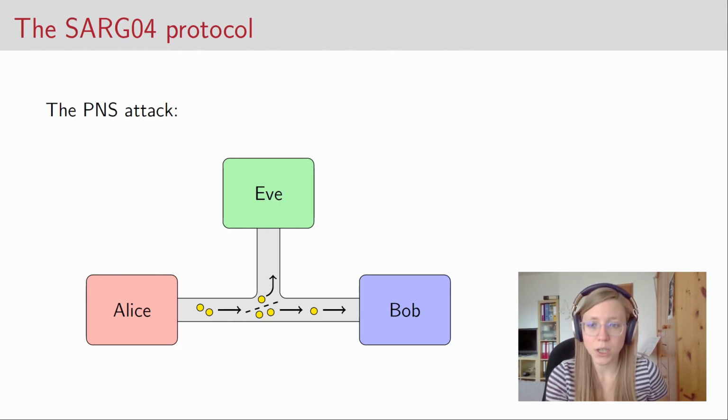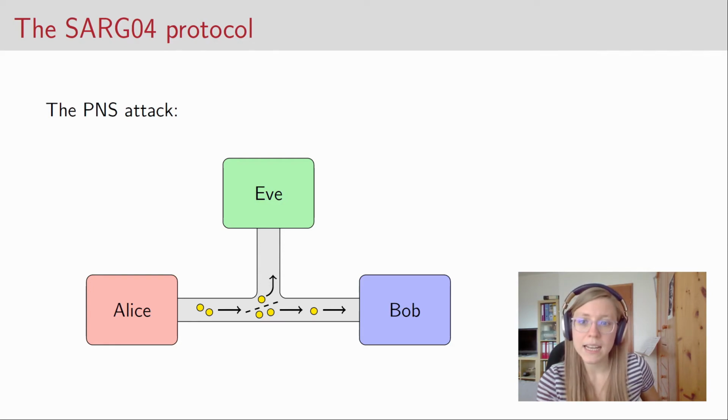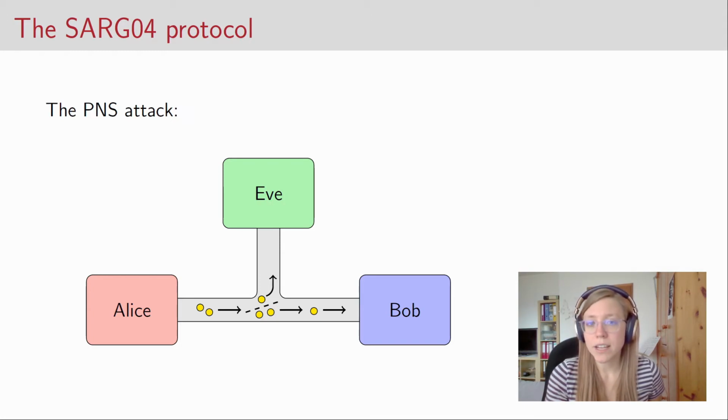But this is very dangerous, because Eve has this photon, she stores it in her quantum memory, and then Alice will announce the basis she has used for the encoding. Then Eve can simply listen to that information, use the right basis to measure her photon, and she gets a perfectly correlated bit value.